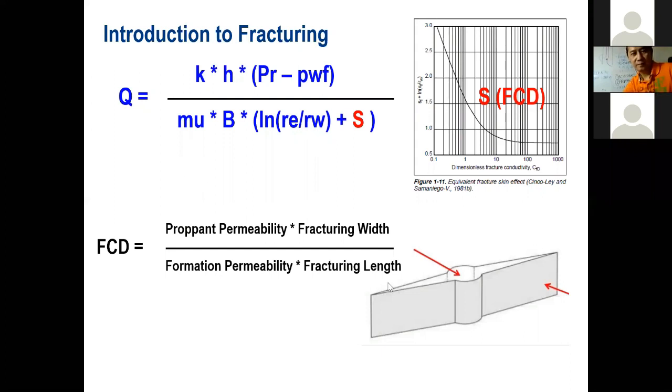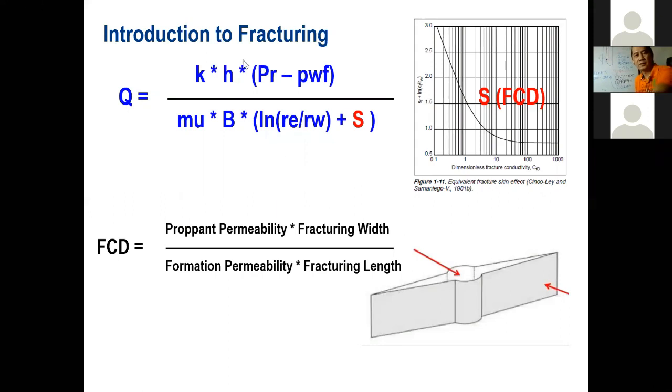Yes, sir, so this is the Darcy equation. Q is the oil rate or gas rate, all right? There is actually a constant here. Q is a hydrocarbon rate. It can be either oil or gas. That is Q. K is permeability, the ability of a rock to transmit the fluid. H is the reservoir height.